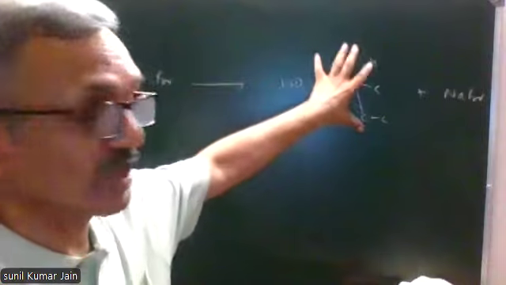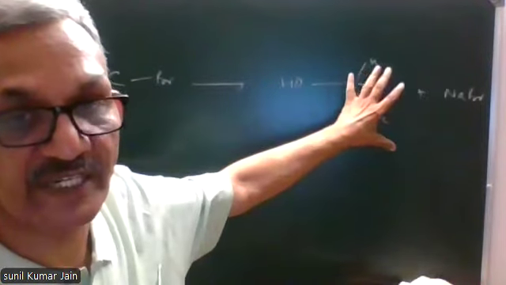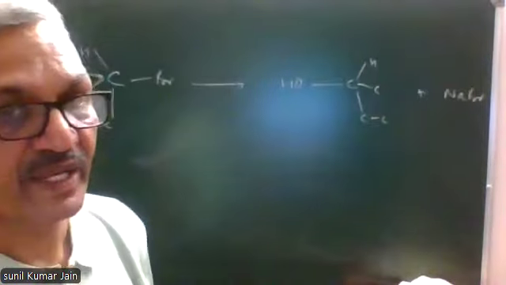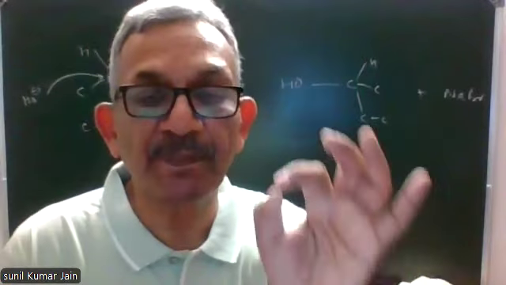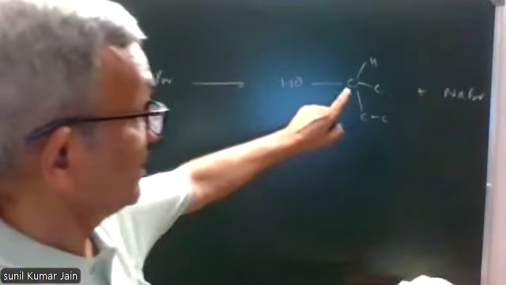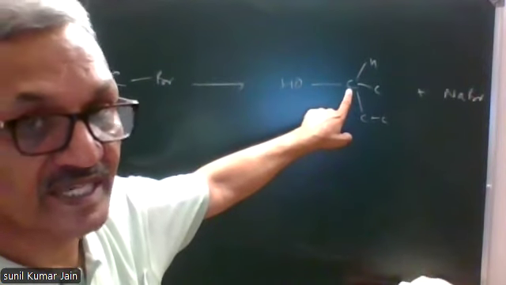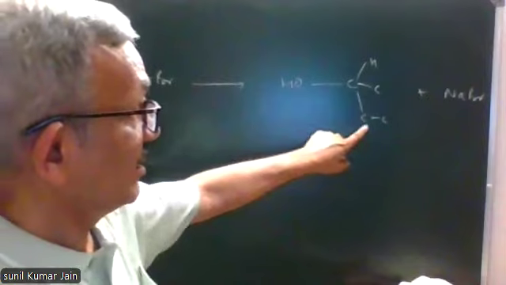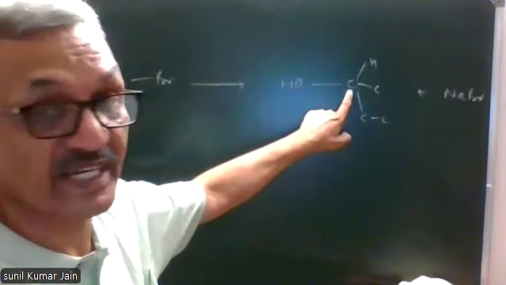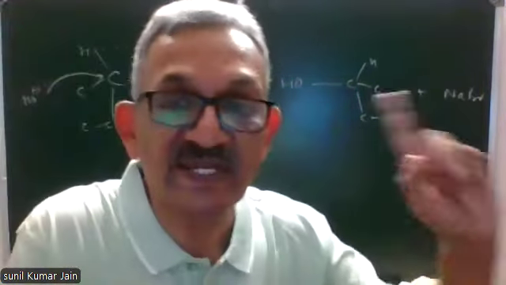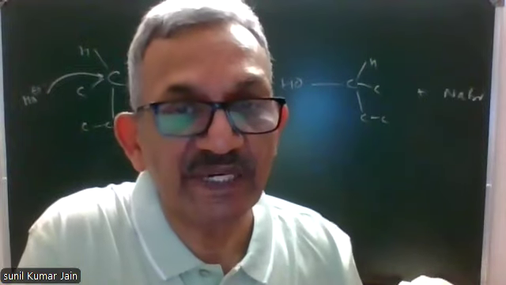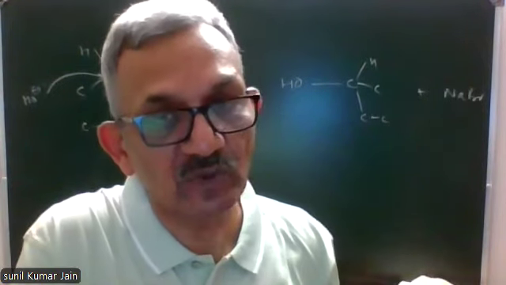Now, whether this product formed will be dextrorotatory or levorotatory will depend on the priority order of substituents attached to the chiral center. There is a priority order of all the substituents attached to the chiral center, which will decide whether the product will be dextrorotatory or levorotatory.